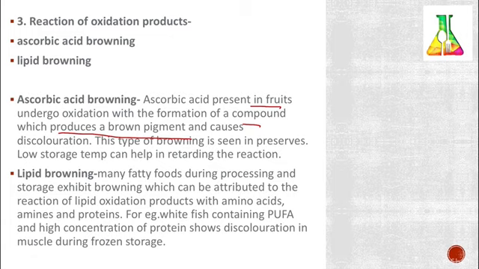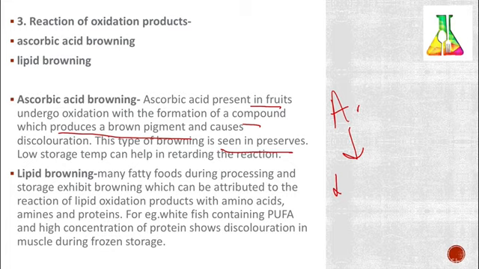So ascorbic acid present in foods undergoes oxidation and forms dehydroascorbic acid. Then it again undergoes oxidation and forms 2,3-diketogluconic acid. Then it forms furfural, and then it polymerizes to form brown pigment. This type of browning is seen in preserves.